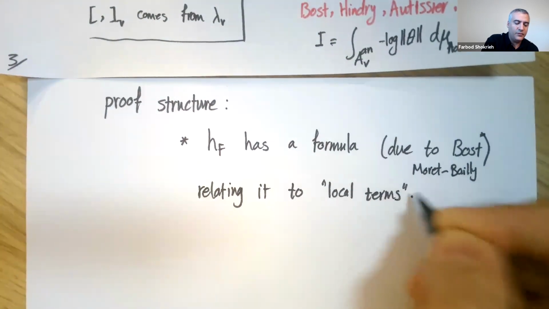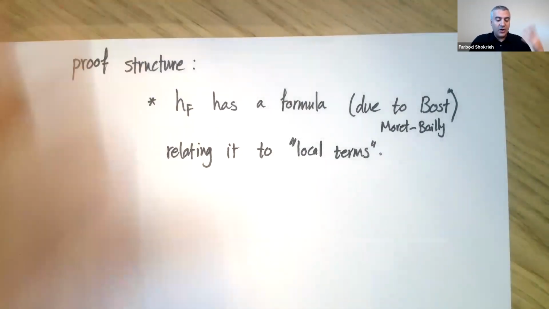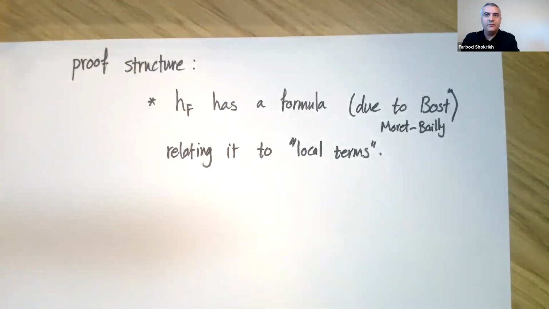We can think of that formula as some kind of a decomposition formula where for each place you get a term.